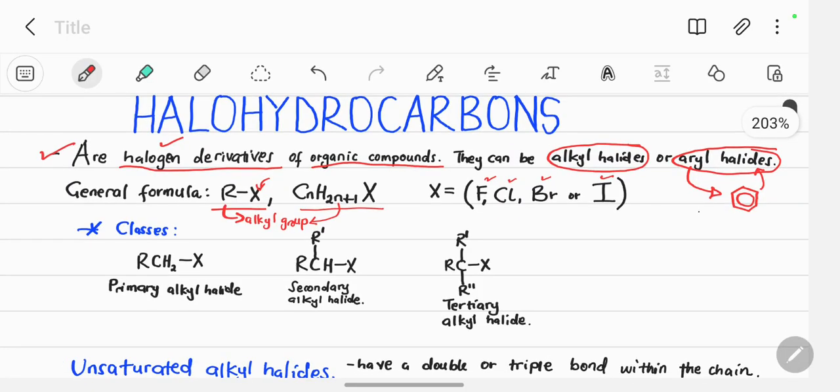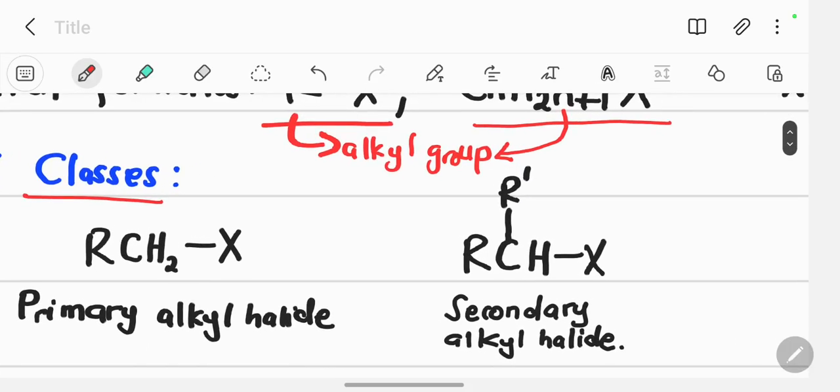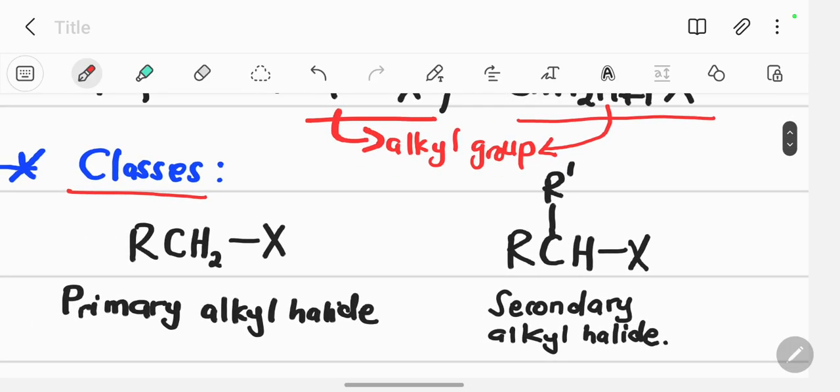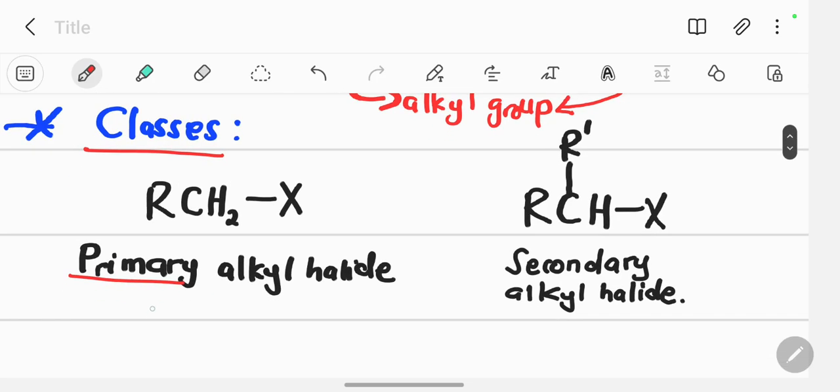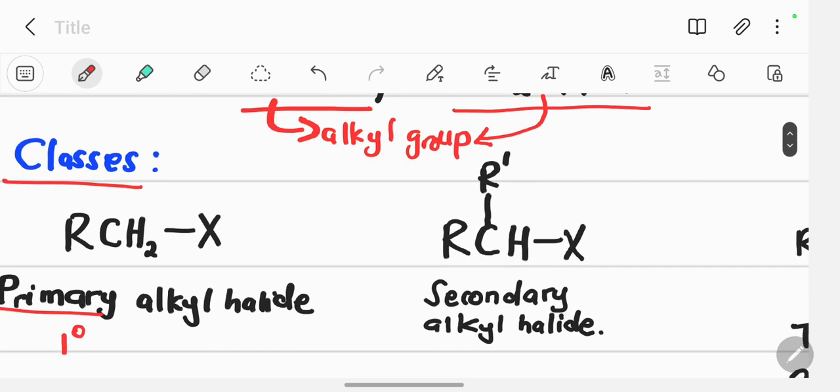Then when we move on to the classes, we have to know these classes. We shall meet them in our synthesis and the reactions there. So under the classes of halogen alkanes, we have primary alkyl halides. I'm going to be abbreviating this as primary alkyl halides. And how do we know that this one is a primary alkyl halide?